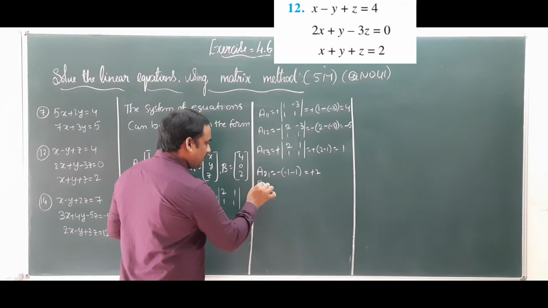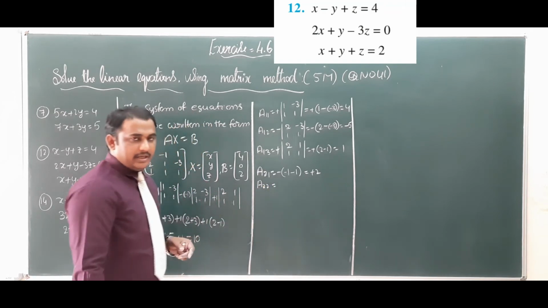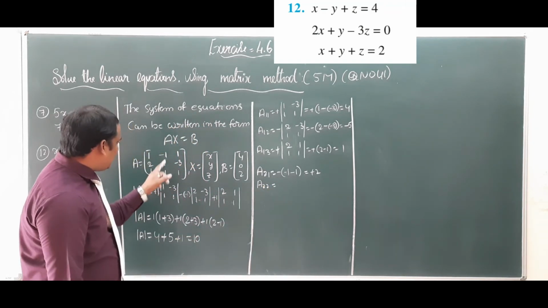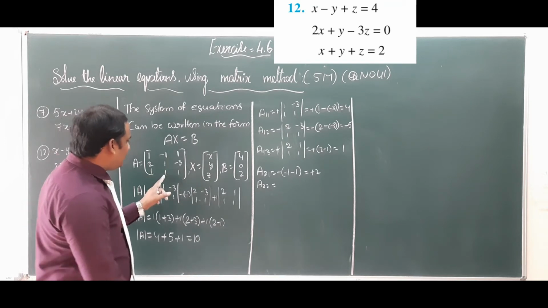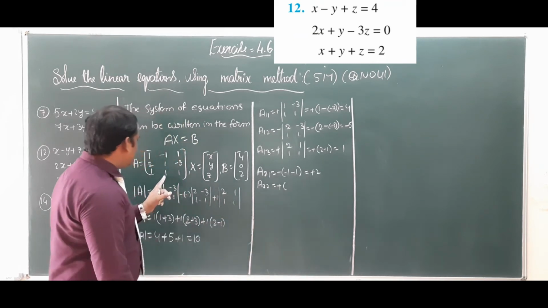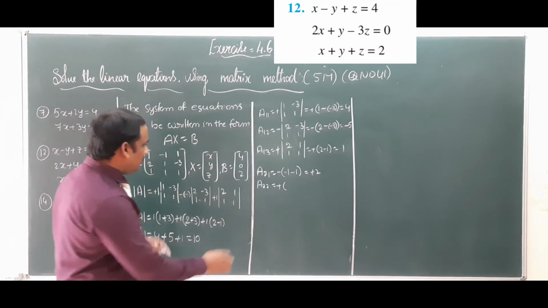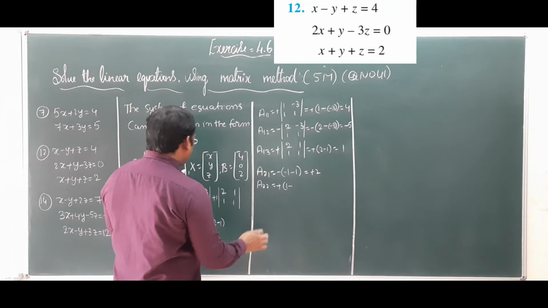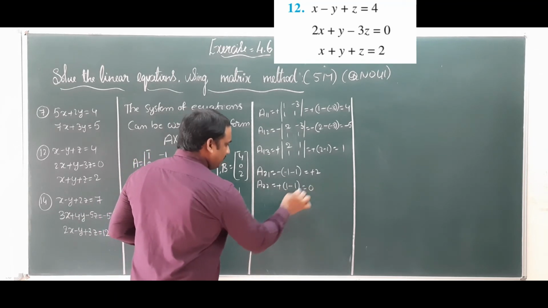Next A22: second row second column. If you delete second row second column, 2 plus 2 is plus 4, means plus. Now second row second column: 1 into 1 minus 1 into 1, here 0.